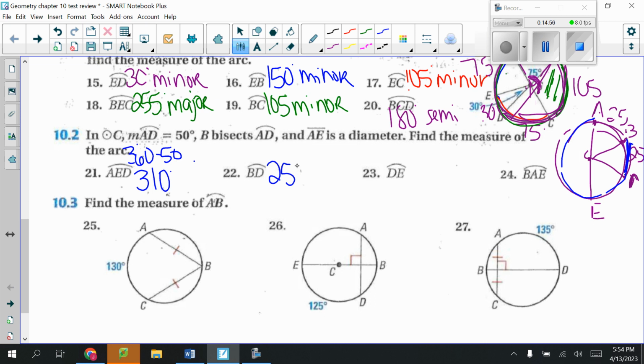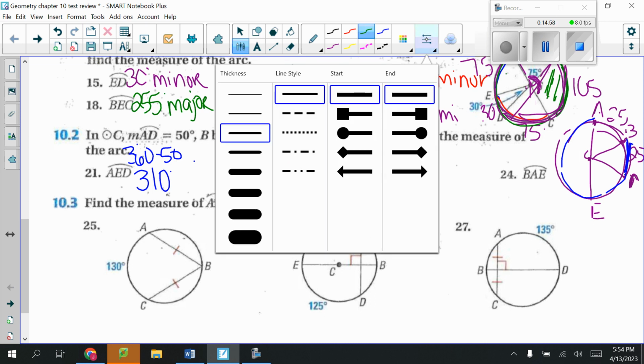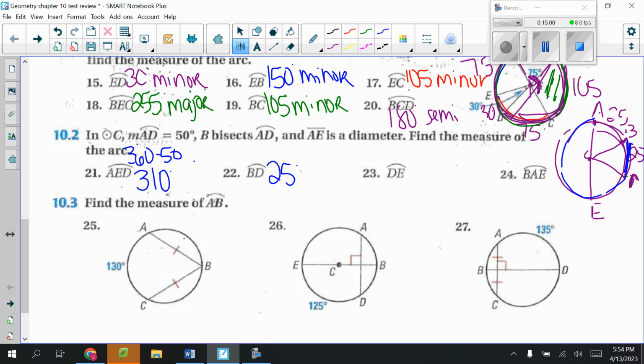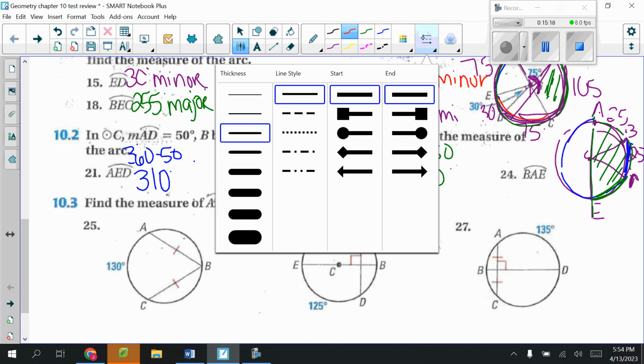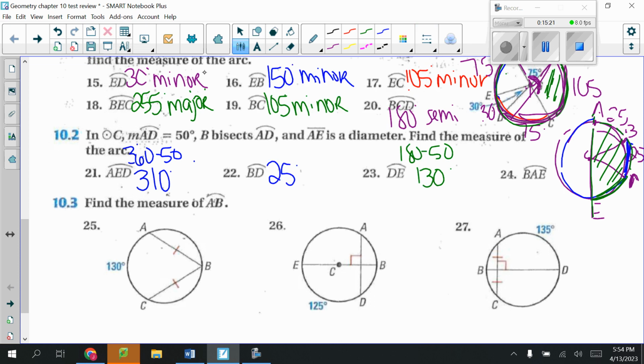The next one, arc DE. So DE, this part I know that this whole side is a semicircle. I know that these two are 50, so 180 minus 50 is how we're going to find this, and that's going to give me 130 degrees. And finally, our last one, arc BAE.